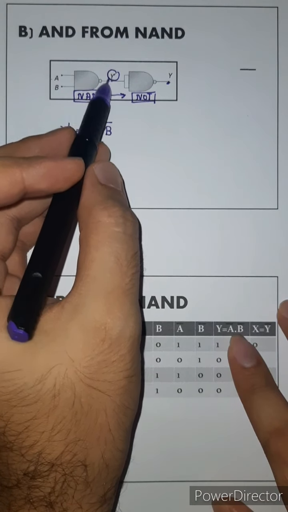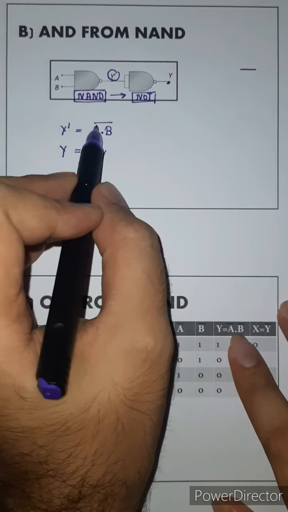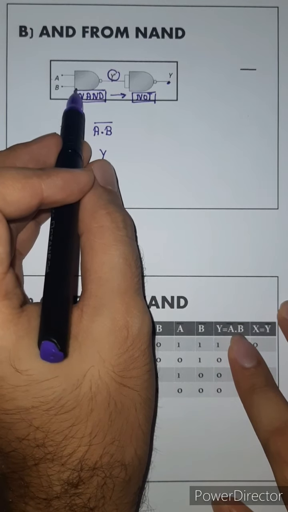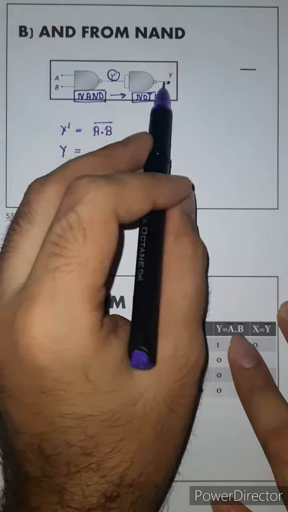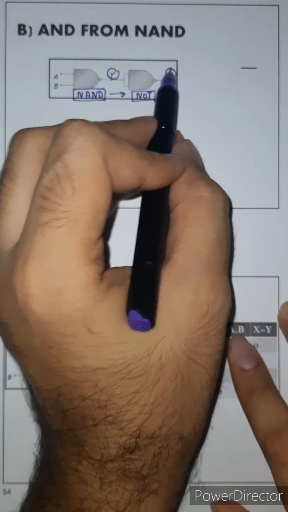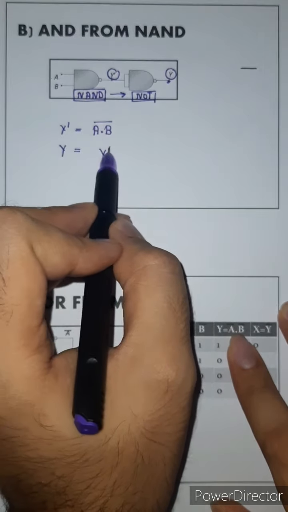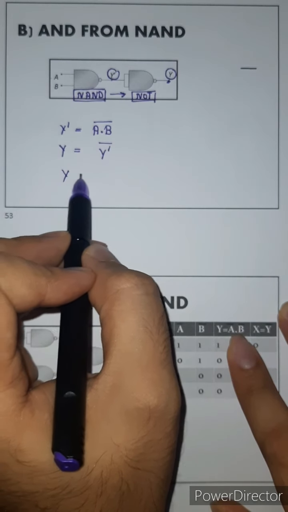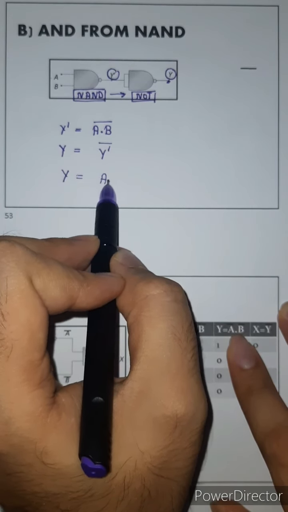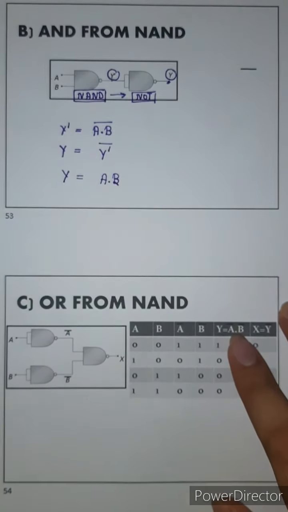The output Y prime of this NAND gate is the negation of A and B, and this final output Y is the negation of Y prime. So we'll get the final output as A and B.